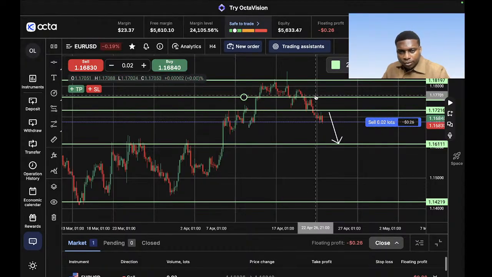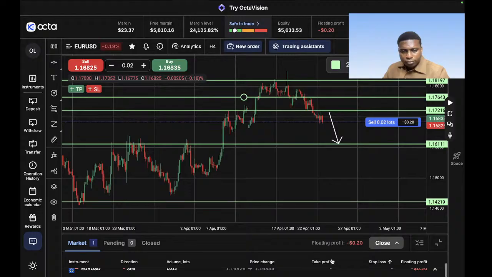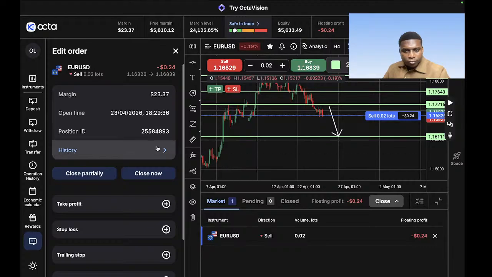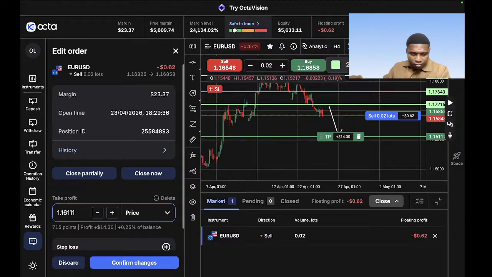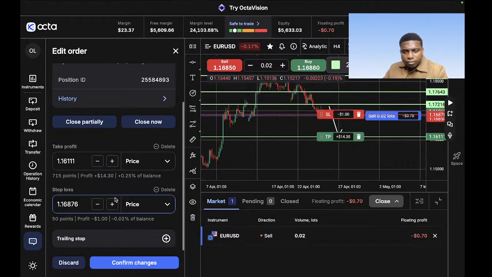So my stop loss will be here, my take profit will be here. So let's go.